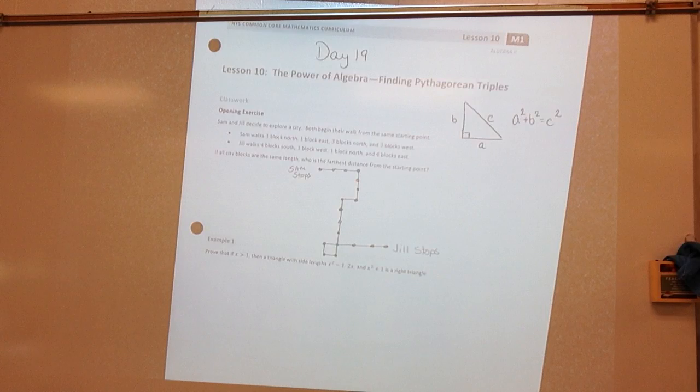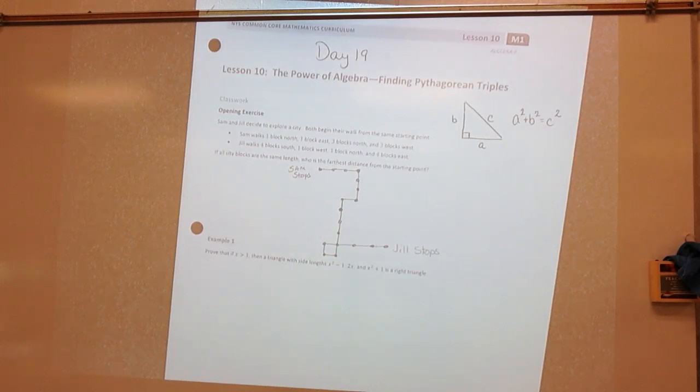It says if all city blocks are the same length, who is the farthest distance from the starting point? It is not asking me who walked the farthest. It is asking me who is the farthest from the starting point. Okay? So you've got to think about this for just a second.